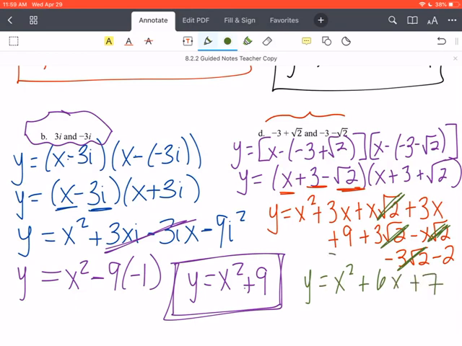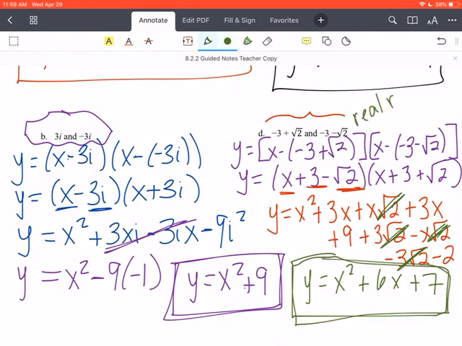So we can see that this quadratic equation does indeed have real roots, but these real roots are irrational. They're going to be nasty decimal numbers. But what happened when we took two irrational roots? It created a real quadratic equation that had rational coefficients.